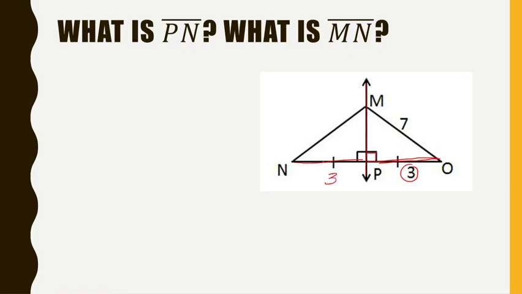So segment PN is 3. On our triangle, if this side MO is 7, then MN also has to be 7. So we say MN is 7. Okay, that's how a perpendicular bisector works.